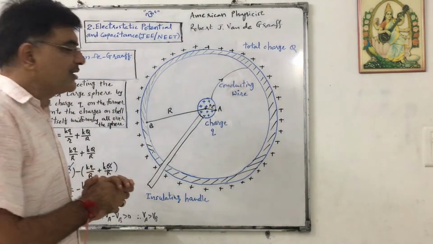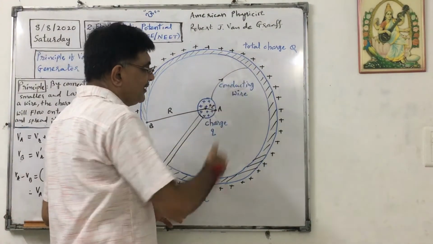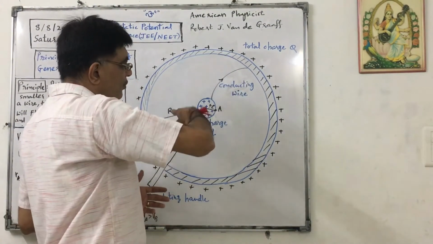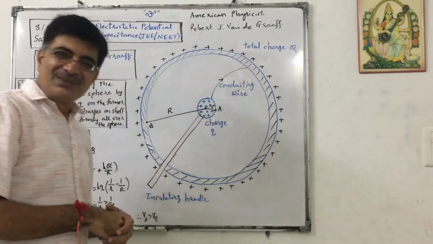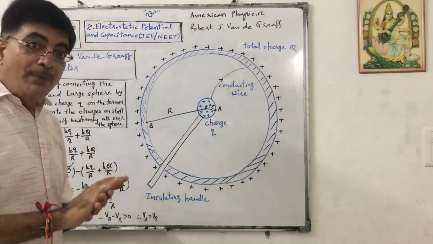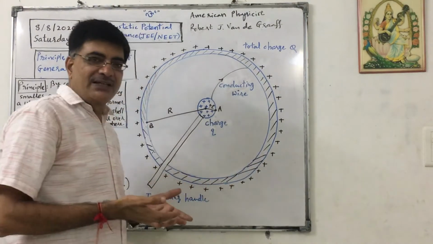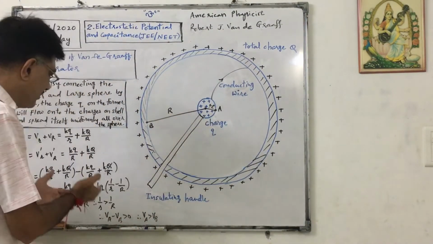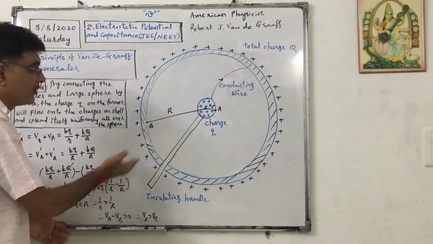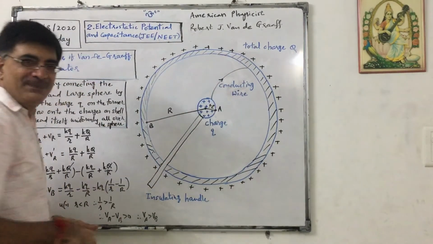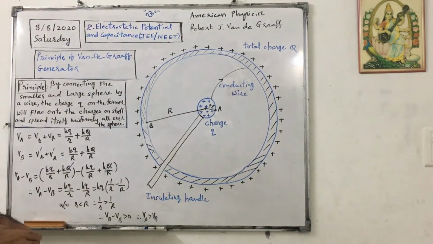In that case, if we connect a conducting wire, charge will flow from the small sphere to the shell. No matter how much charge is on the shell and how much charge is on the sphere, because in the final equation only small q is there, not capital Q. Now what will happen?